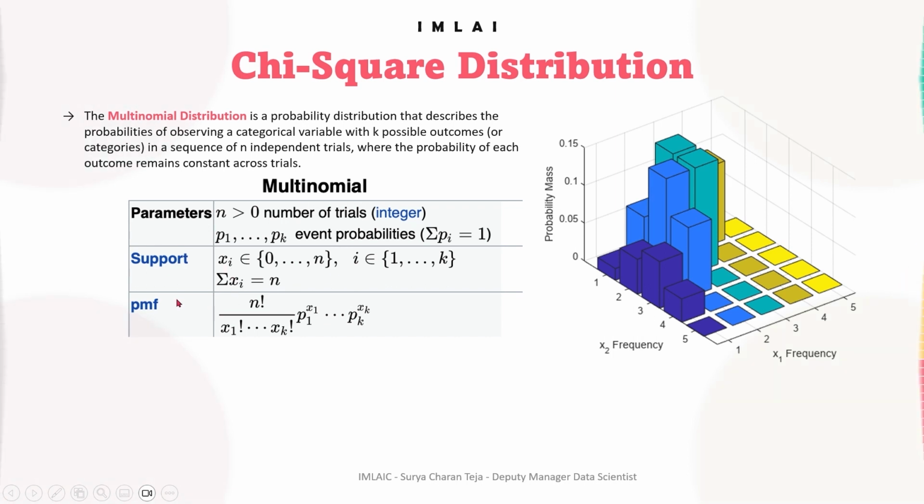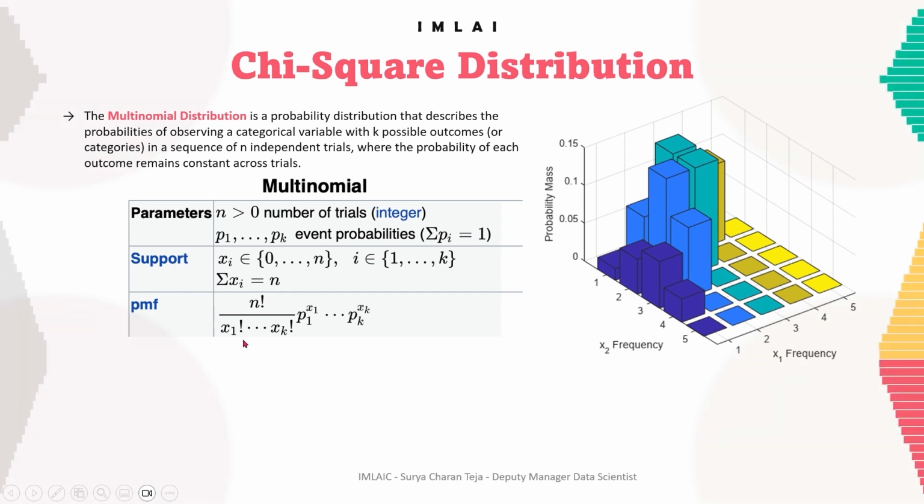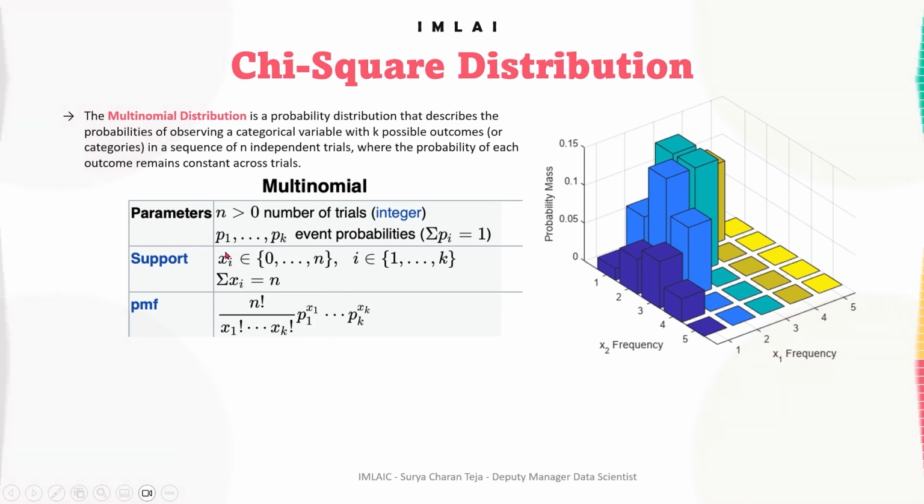And then the PMF is, as we have discussed earlier, this formula: n factorial, that's n choose x1, x2 and so on up to xk, and then the probability of event 1 to the power x1, and the probability of event 2 to the power x2, and so on up to xk.